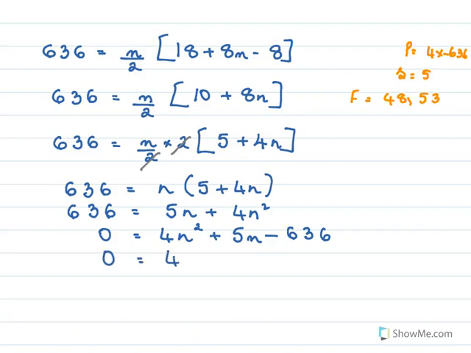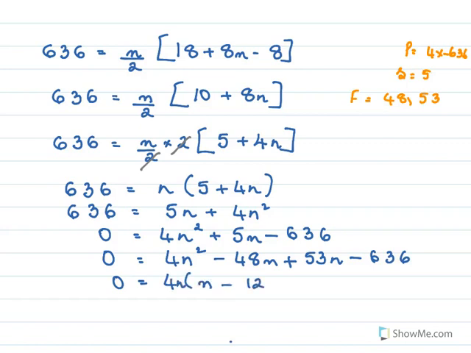So we write 0 equal to 4n square minus 48n plus 53n minus 636. So 0 equal to, I'll take 4 common out here. So I have n common out, n minus 12, and here plus 53 common out. What remains is n minus 12.